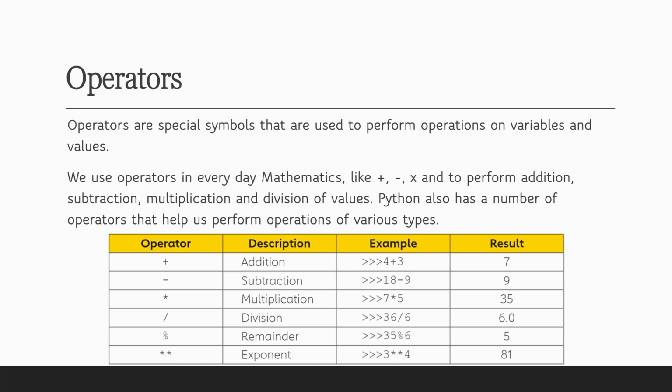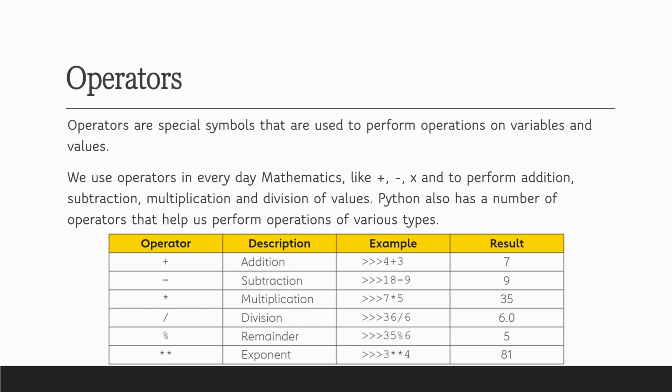Python also has these operators, but not only these. It comes with a wide range of operators that help us perform different types of operations, not just arithmetic, but also comparison, logical operations, assignment, and many more.